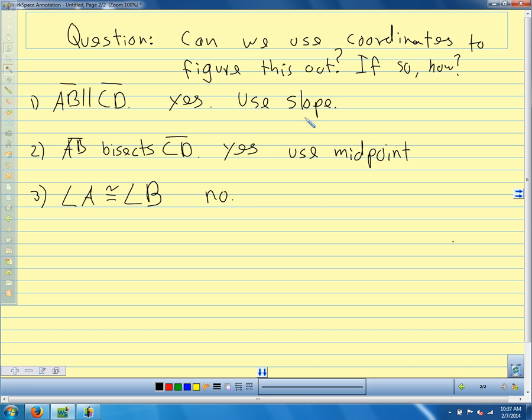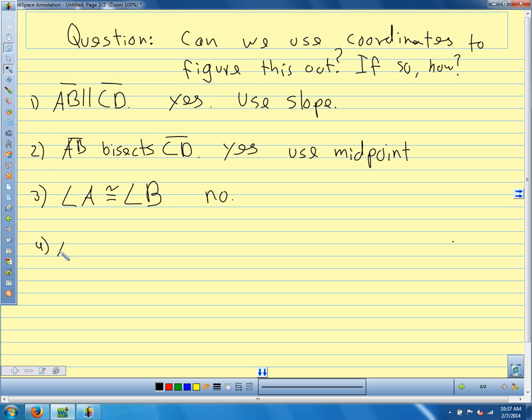Our rectangle example from block day. What did we figure out about the two consecutive sides? The angles were 90 degrees. We figured that out by seeing if the slopes were negative reciprocals. So if somehow this problem had something to do with 90-degree angles, we might be able to use slopes to figure that part out. But in general, coordinates don't tell us about angles.